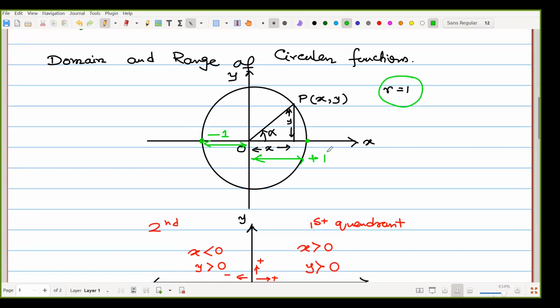So x always belongs between -1 and +1. Same as for y. That part is +1, that part is -1. So y also always belongs in between -1 and +1. That is the case of the unit circle.